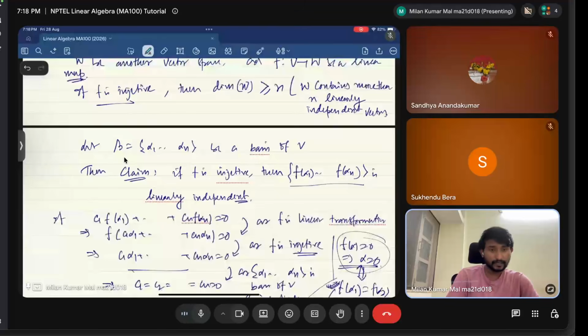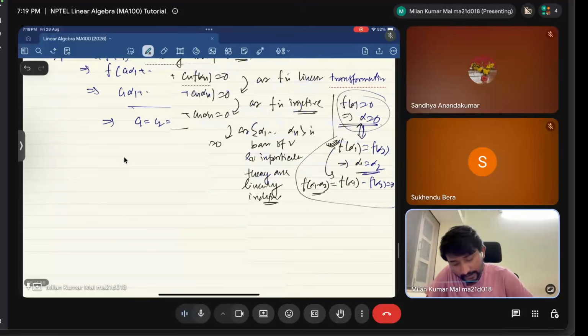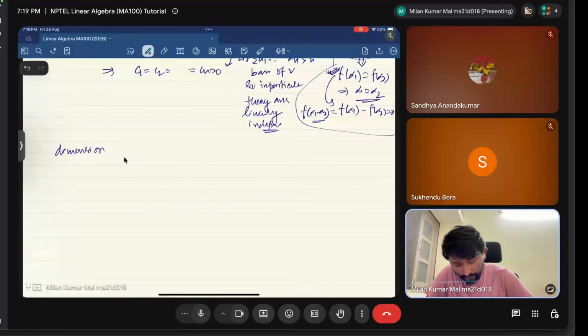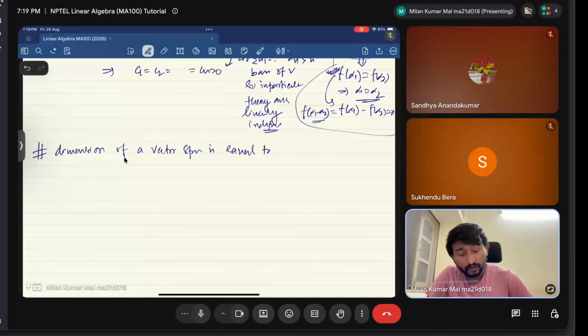And we know the dimension of a vector space is equal to the maximum possible number of elements in a linearly independent set.